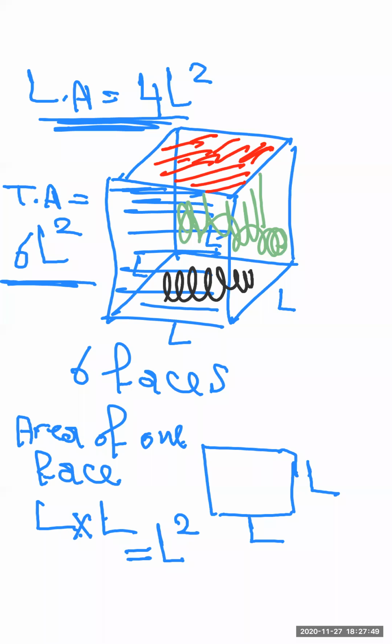So lateral area is the area of the consecutive faces. So this one first on the front, then one on the top second, then one behind third, then the base, 4. Okay?